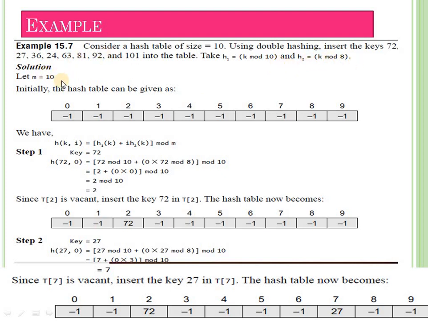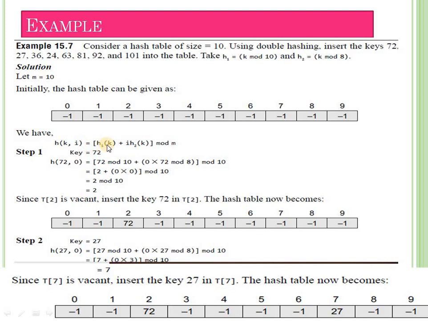Here m is 10, our hash table size is 10, so we have 10 blocks. Initially all positions are vacant, so we mark vacant positions as -1.